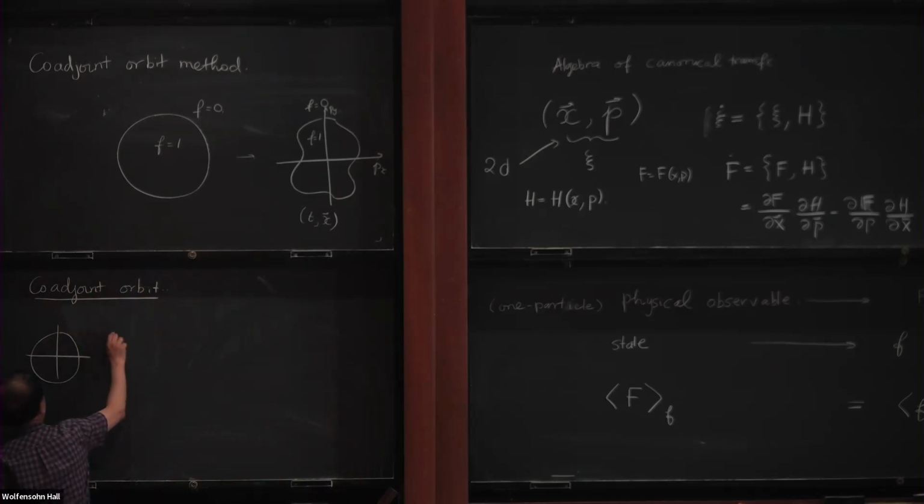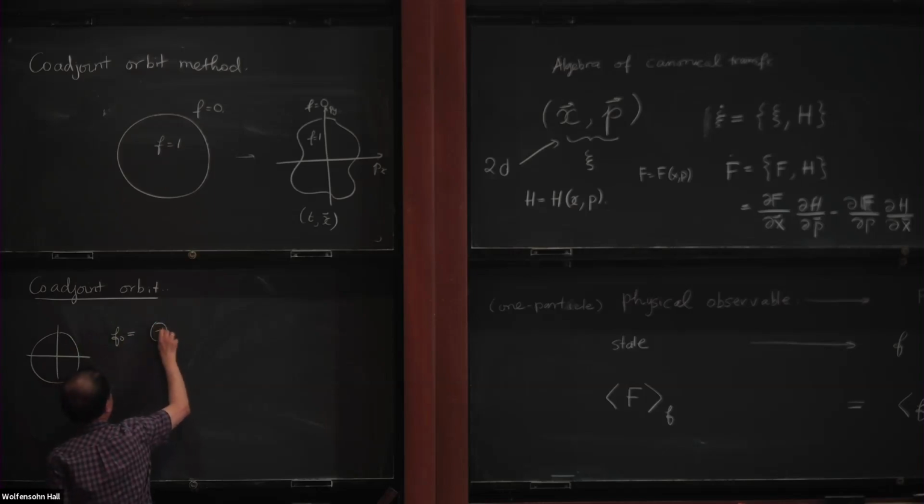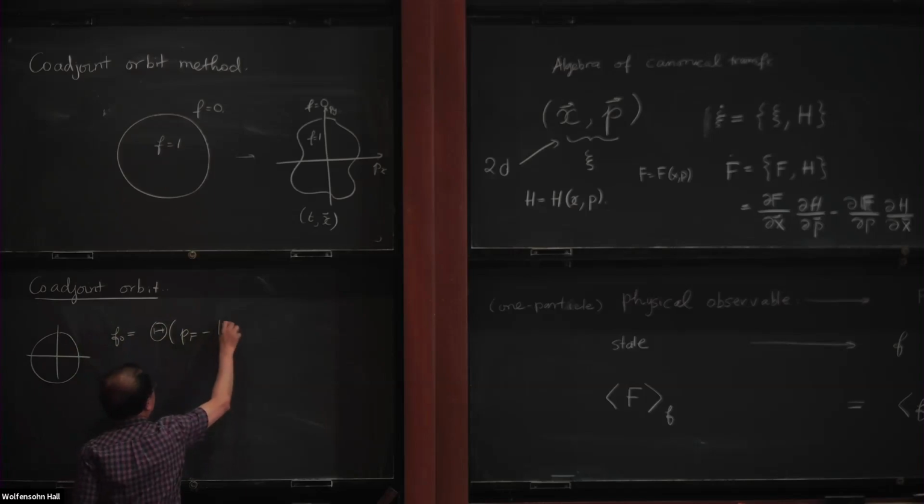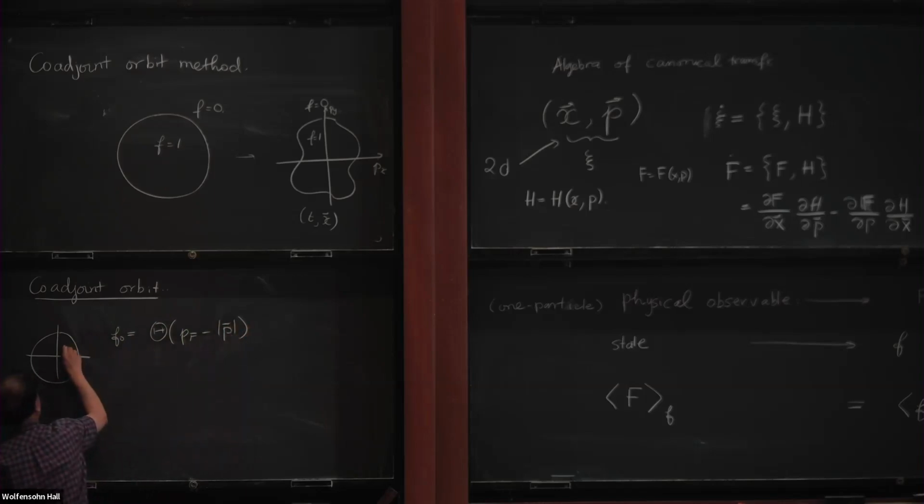I call that f0. It's a function that is a theta function of p_F minus the absolute value of p. So it's equal to 1 inside and 0 outside.